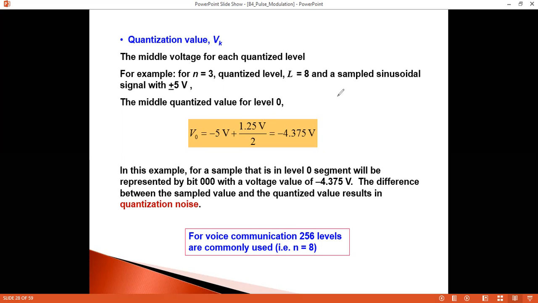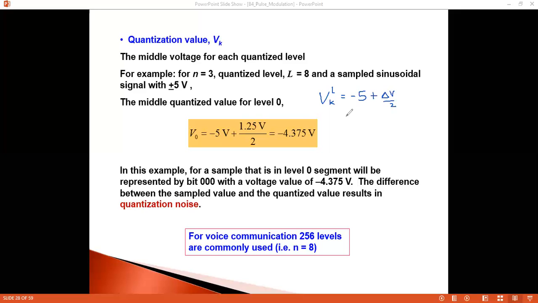So for the lowest level, VkL, this represents the lowest level, is equal to minus 5 plus delta V over 2.